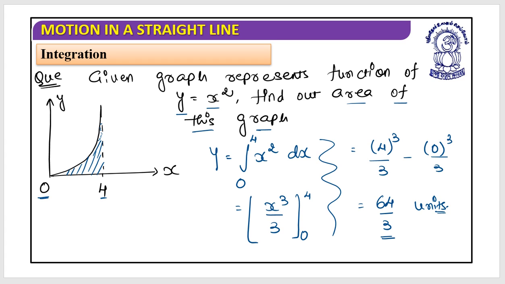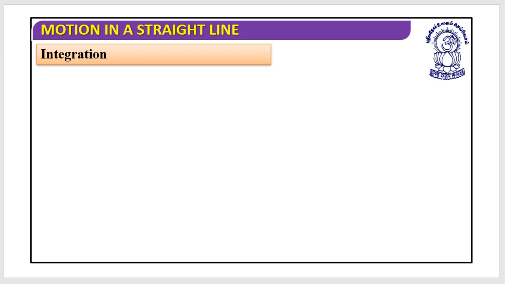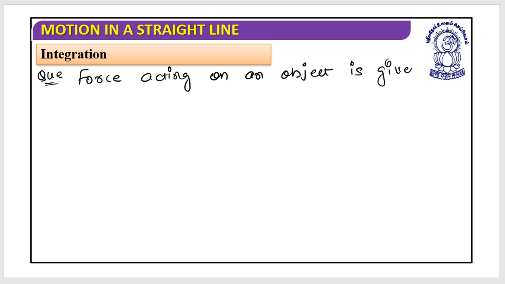Okay, let's now do something new. What you have been given is that the force acting on an object is given as F is equal to 4x plus 3 Newton.